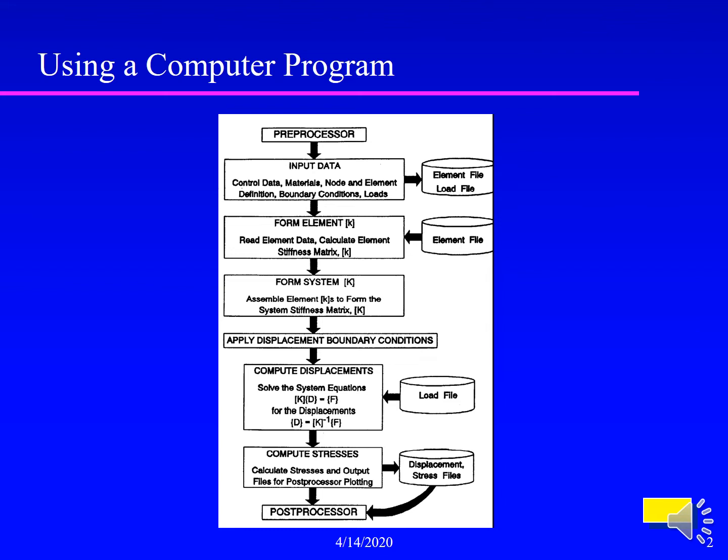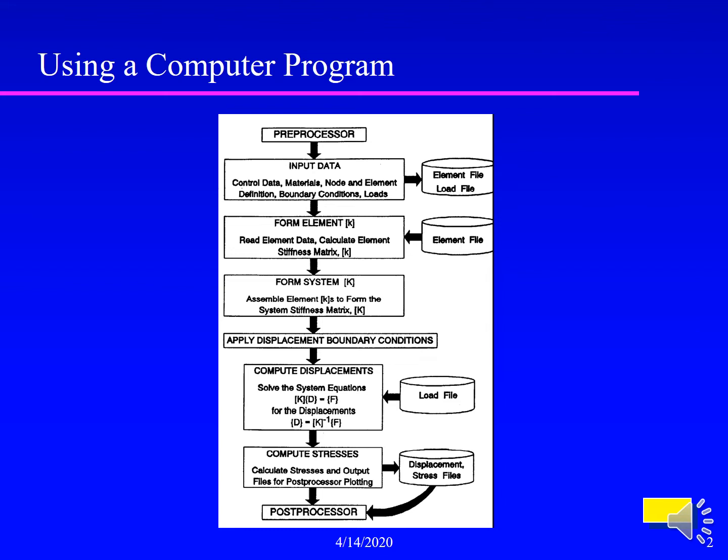An element file and load files are created. Then the element is formed, that is the element stiffness matrix is formed, and the stiffness matrix is stored in the element file.